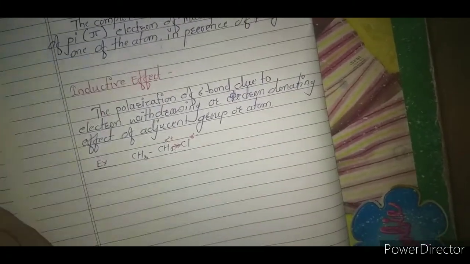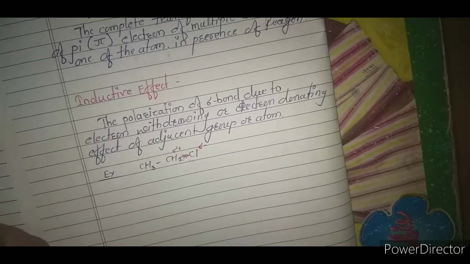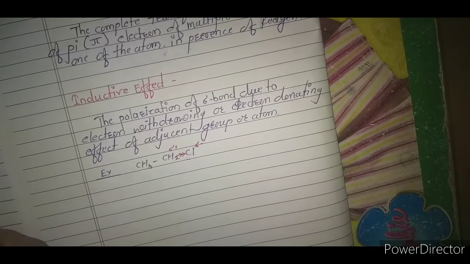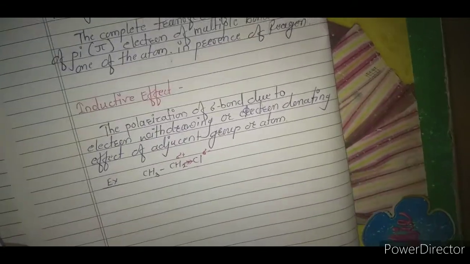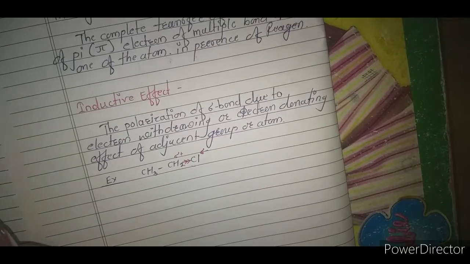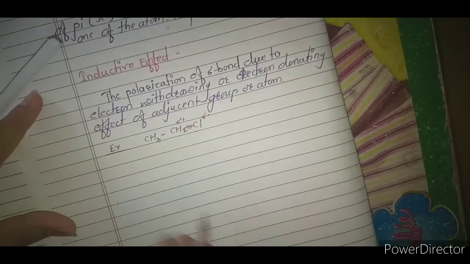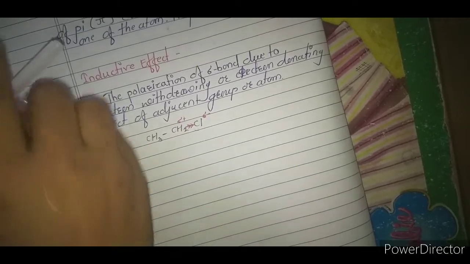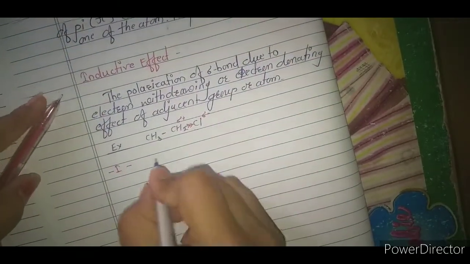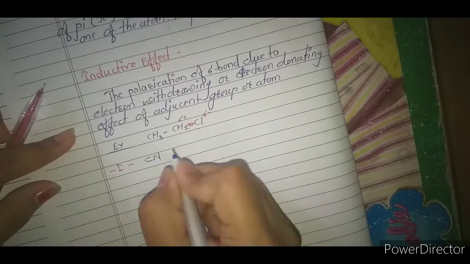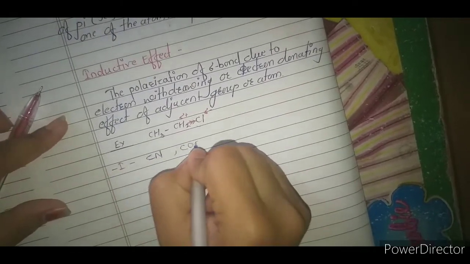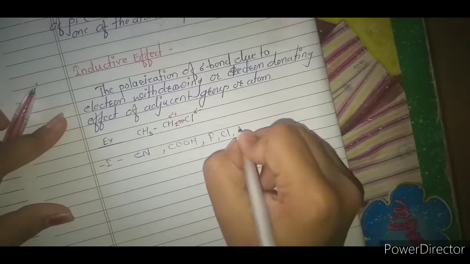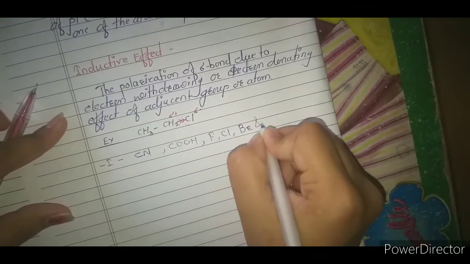There are two types of inductive effect. First is the negative inductive effect, and next is the positive inductive effect. Negative inductive effect examples: NO2, CN, COOH, fluorine, chlorine, bromine and iodine.